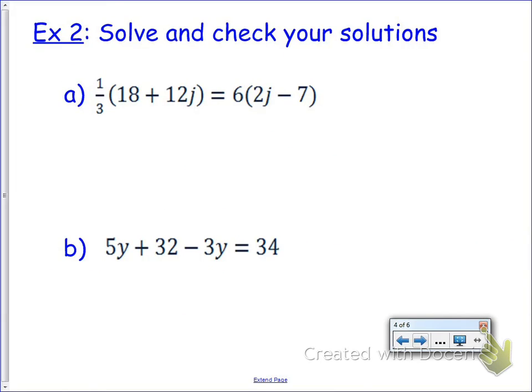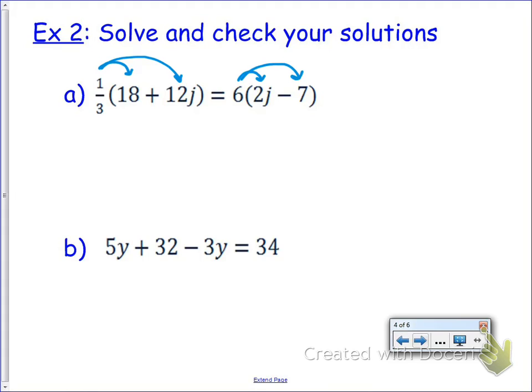Okay, so let's try these examples. Notice that in example 2, solve and check your solution. On both sides of the equation you have to use a distributive property. So I like to show that I'm using the distributive property with these arrows. That 6 is going to be multiplied by the 2j and the negative 7.